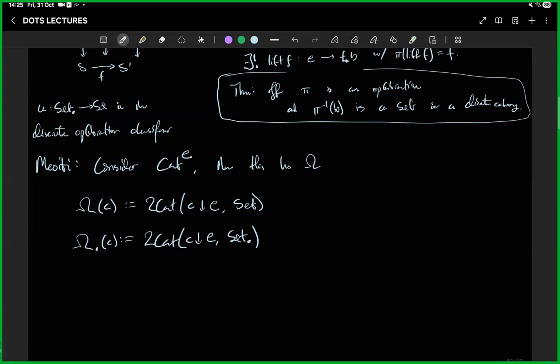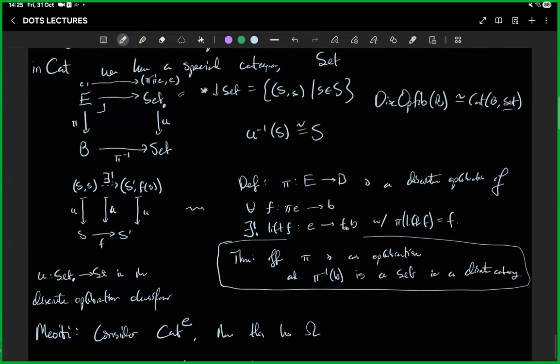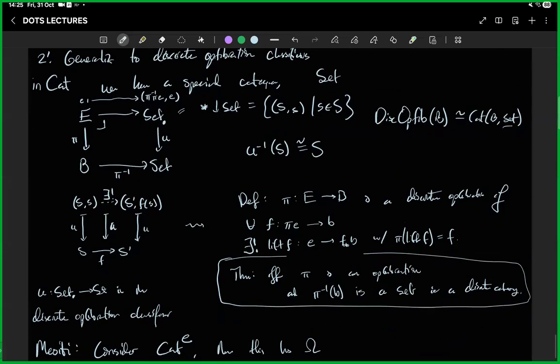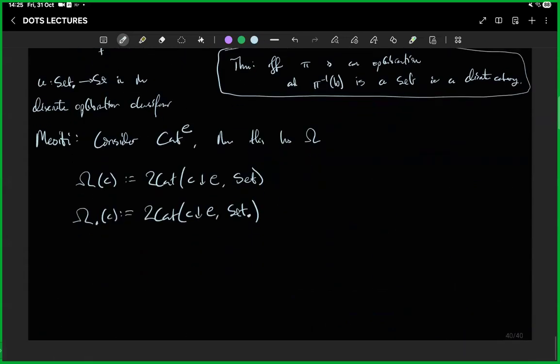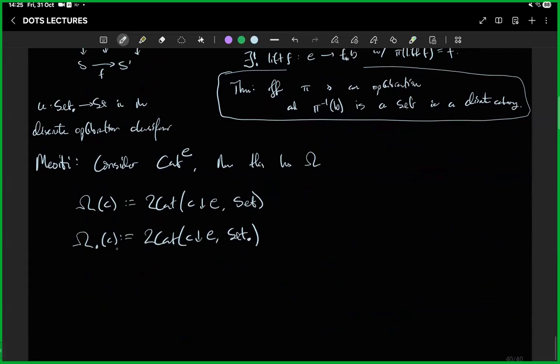However, there's another way to do this for two categories, which I guess I just won't go into. It's worth noting that we got this set pointed, and this one also you can see as a comma of a point.